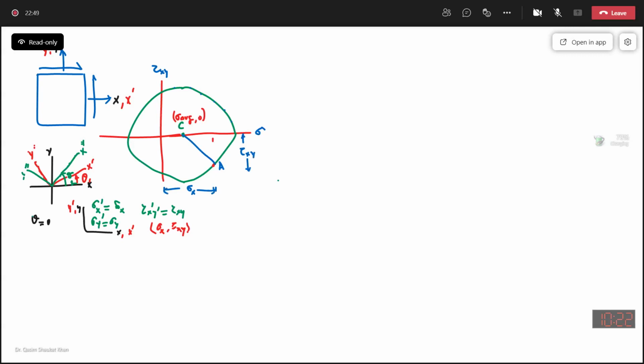So this point is now A. This is my reference point A. Its coordinates are sigma x and tau xy.